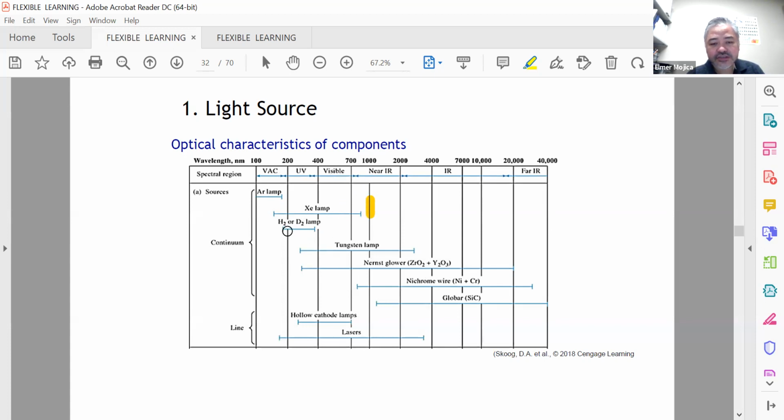The hydrogen or deuterium lamp covers only the UV region. You also have the tungsten lamp that covers some of the UV region until the IR region. And then the Nernst glower, the nichrome wire, and the globar cover the IR. Now, if you have a line source, either you have the hollow cathode lamp or the lasers. They cover a wide range from UV to near IR. So that's, we could say, the summary of the light sources that we have.